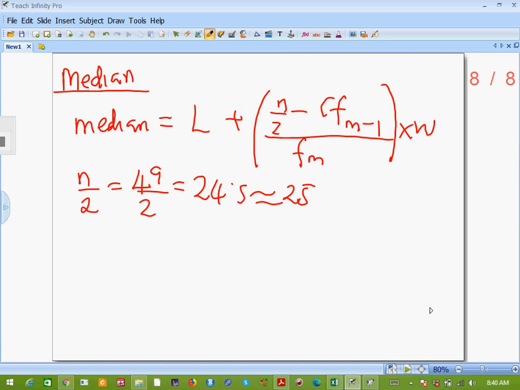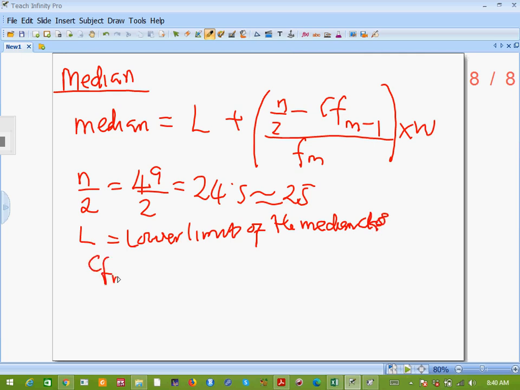Actually, I think I didn't identify the terms. So L there is just the lower limit of the median class. CF M minus 1 is the cumulative frequency before the median class.